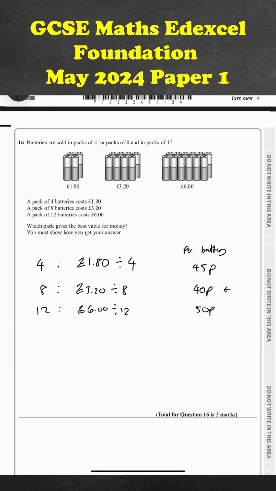Therefore, it's going to be cheaper to get the pack of 8 per battery. So pack of 8 is best value for money per battery, as it only costs you 40p.